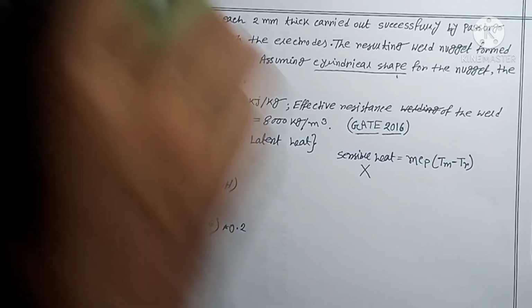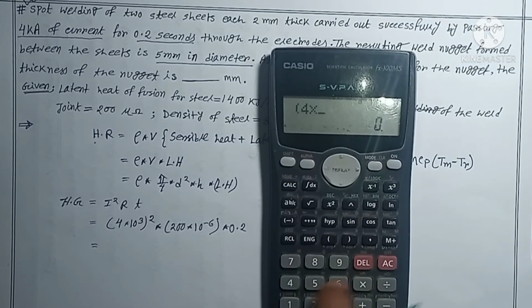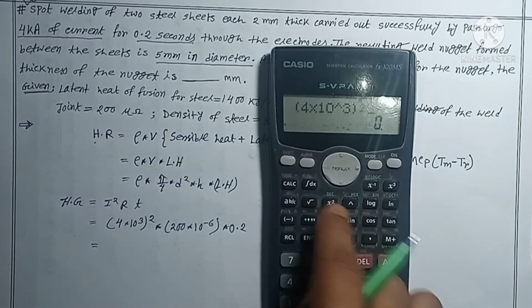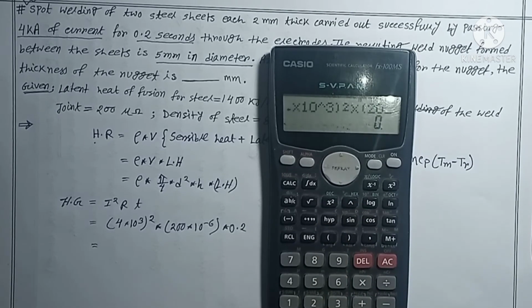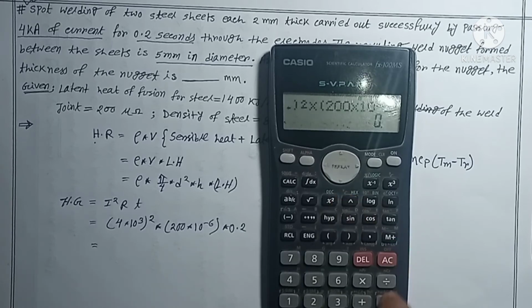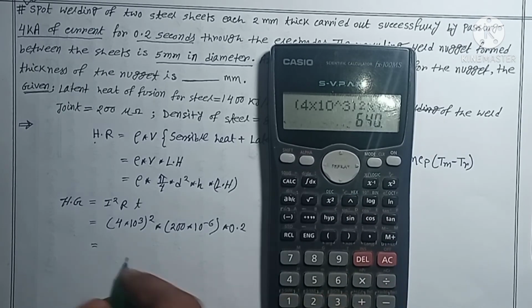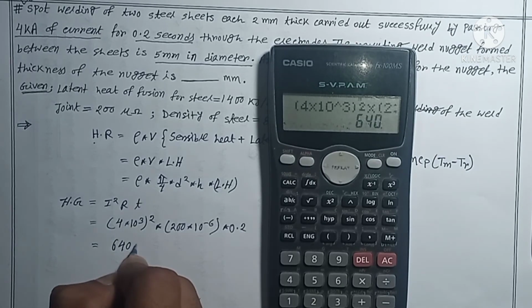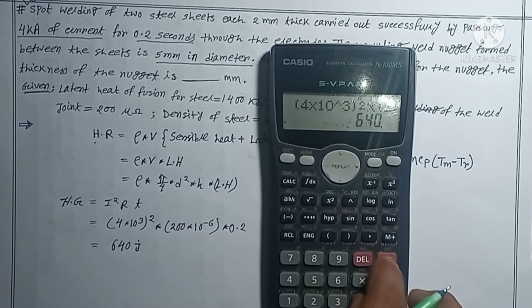So let's calculate it: (4 into 10 cube) square into 200 into 10 power minus 6 into 0.2. So I'm getting here 640 joule as the heat generation.